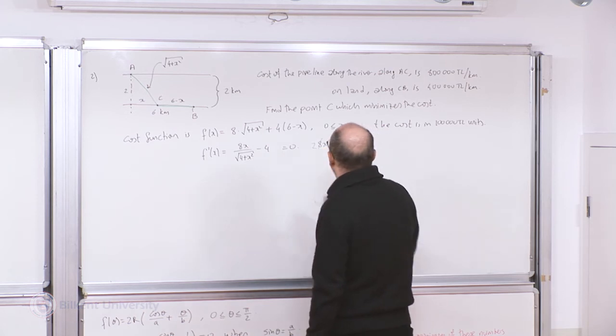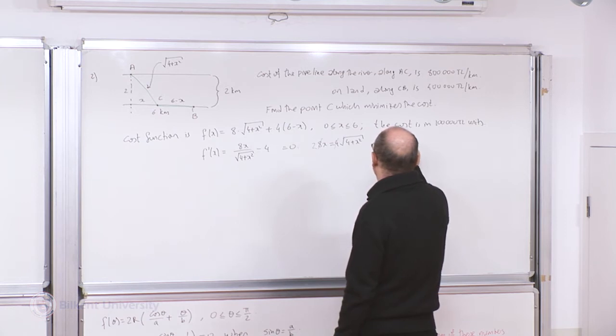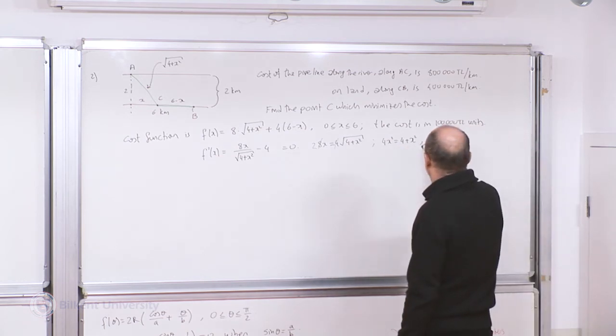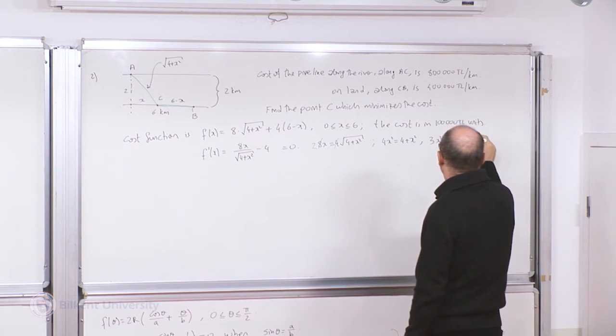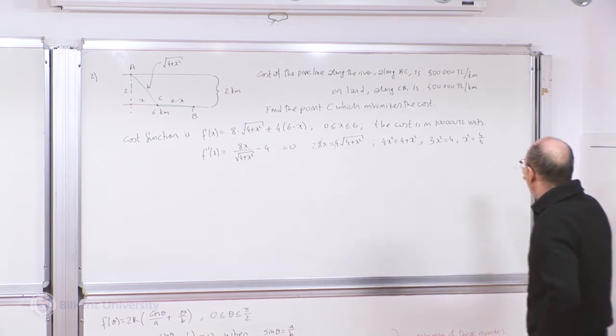You have 2x equals the square root of 4 plus x squared. Now take the square: 4x squared is equal to 4 plus x squared. Take this to the other side: 3x squared is equal to 4. So x squared is equal to 4 over 3.